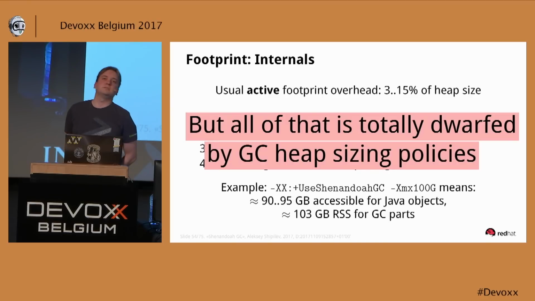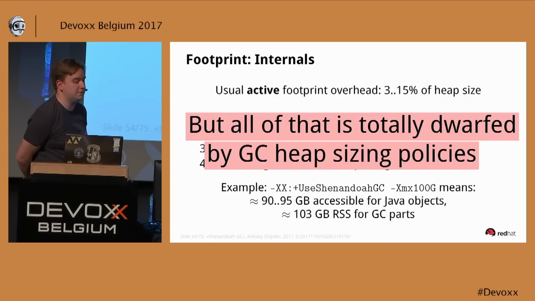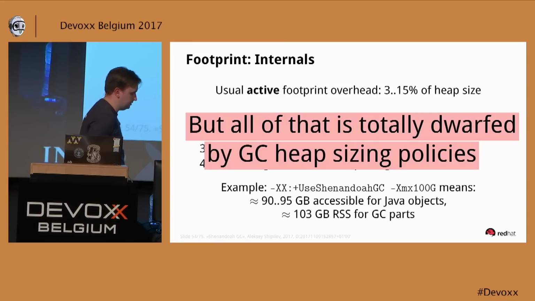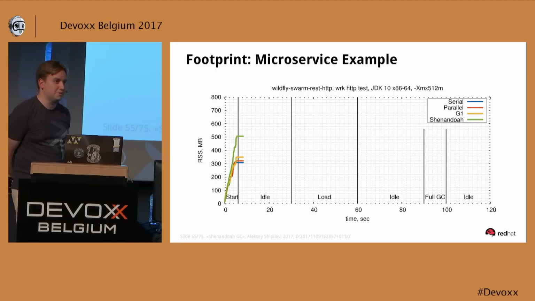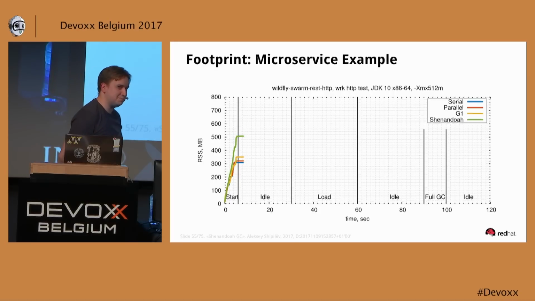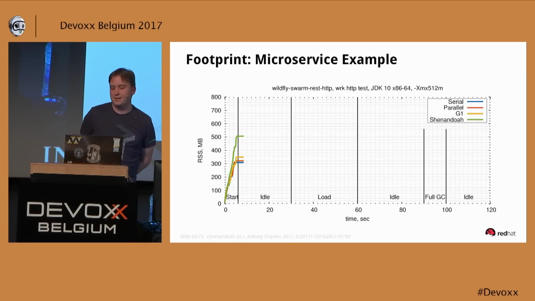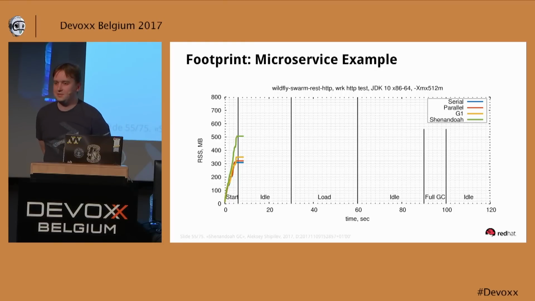But all of that is completely dwarfed by the way the GCs size the heap. And to illustrate that point, I have a microservice example. Microservices are cool, right? So Wildfly Swarm, a REST HTTP example, which you feed with HTTP requests.